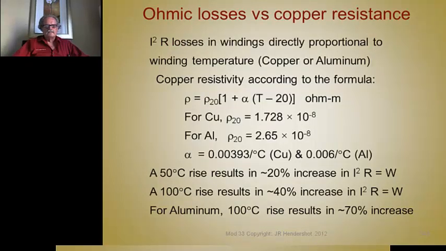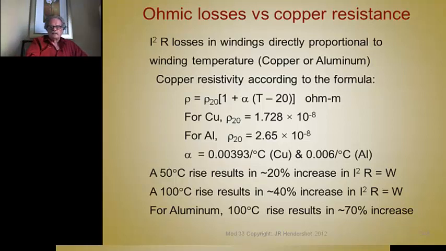So the I squared R losses vary with the winding temperature because of the change in resistivity of the windings, you see. As the winding heats up, the losses go up because the resistance goes up.